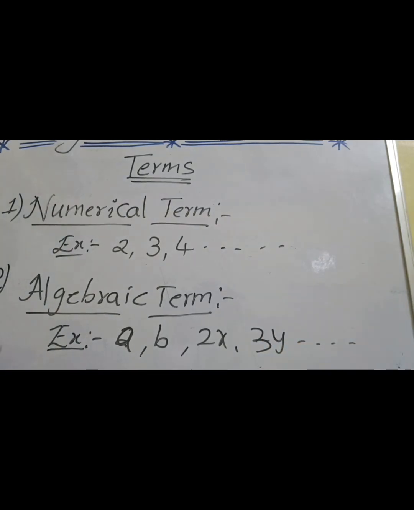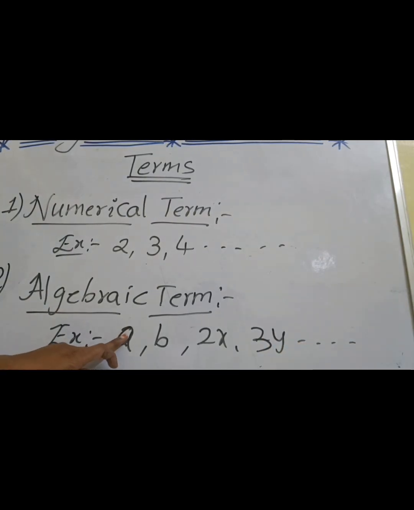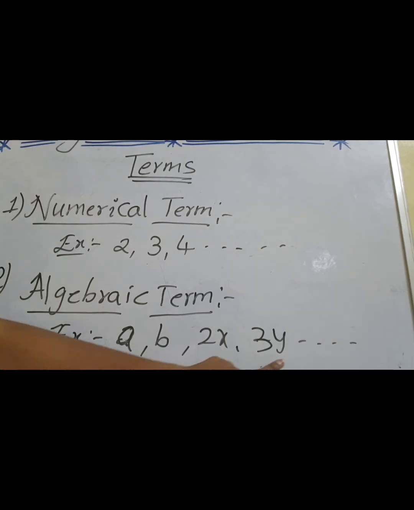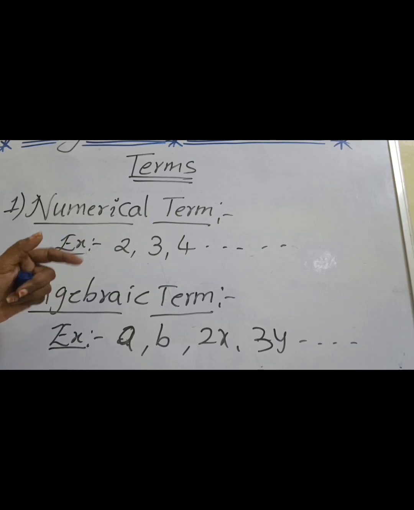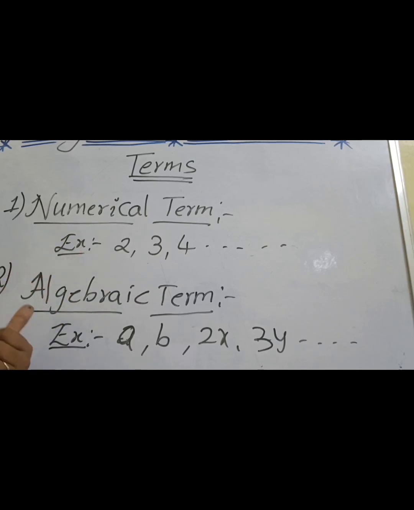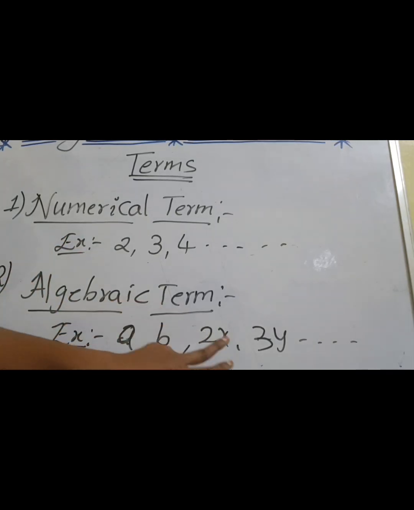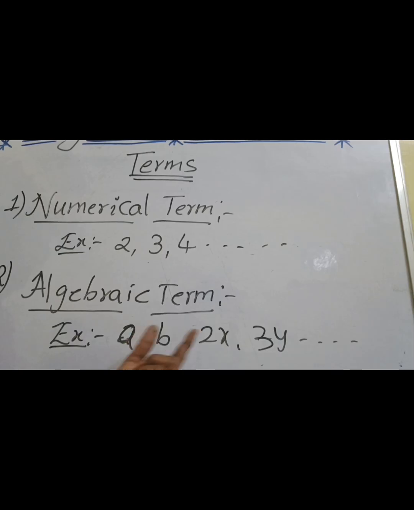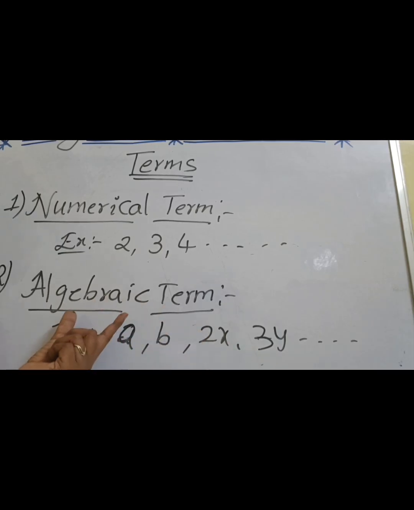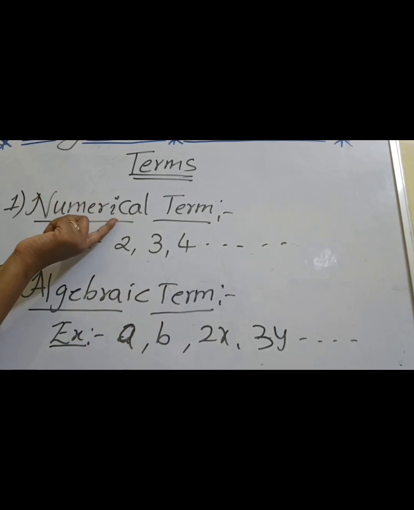Algebraic terms are variables as well as the combinations of both. Before we discussed, numerical terms, only variable terms, and both variable and constant terms. The product of both variables and constant comes under algebraic terms. Clear, children? Only variables and the combination also come under algebraic terms, but in numerical terms we can see only the numerical values.